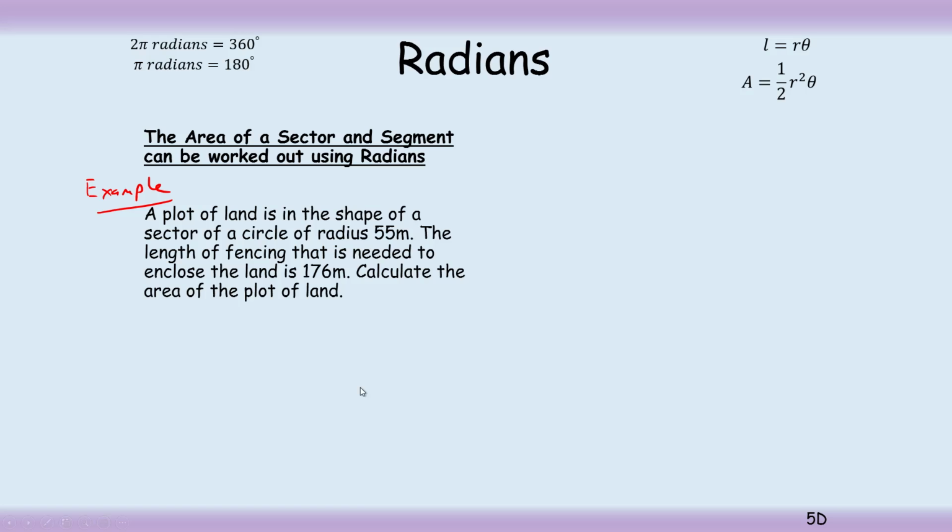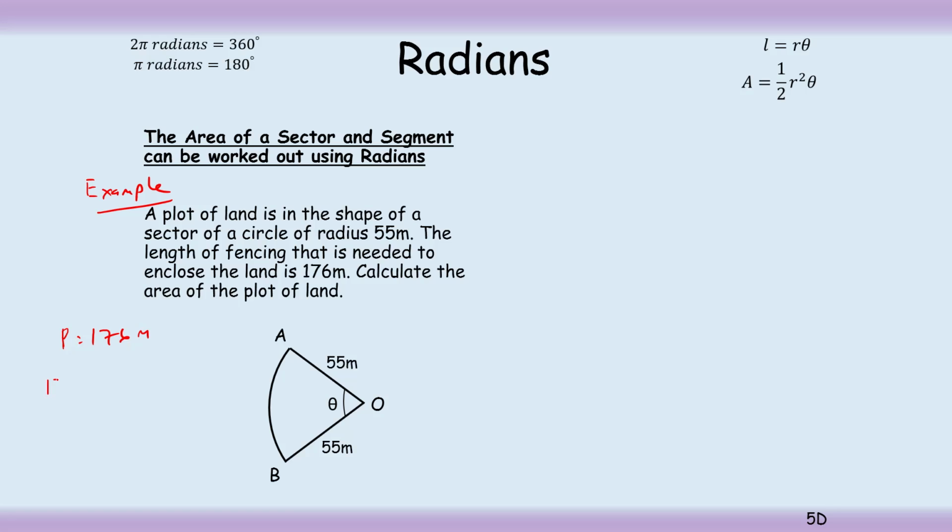First things first is to make a sketch of this. There we go. So that's our sector. We've got our radius here, 55 and 55, and then we've got a length of arc here, which we can calculate because we now know the perimeter. So P equals 176 meters.